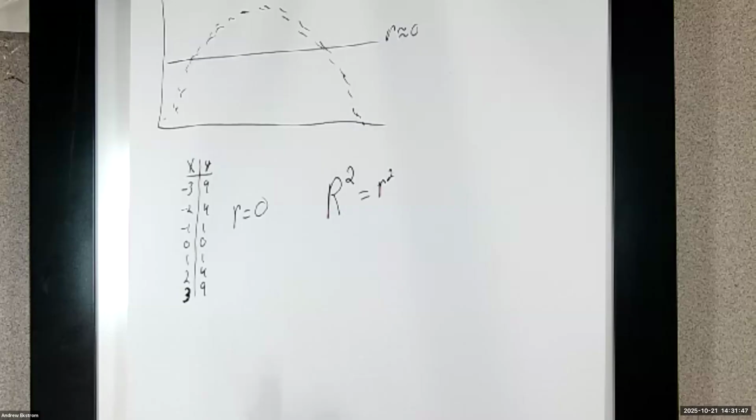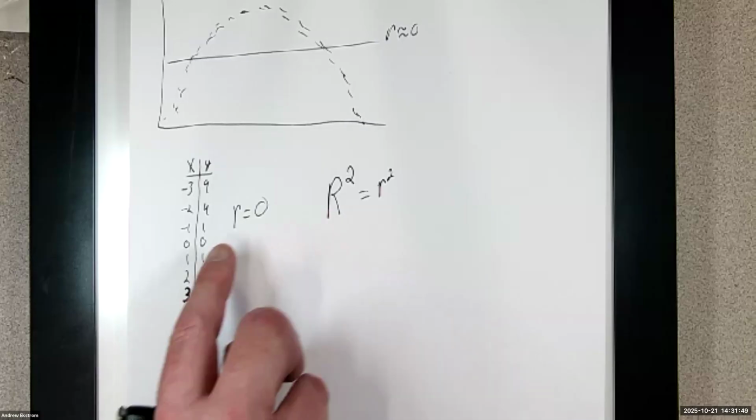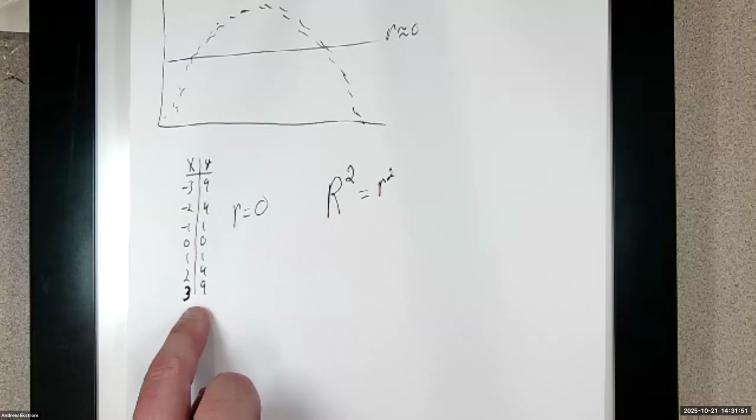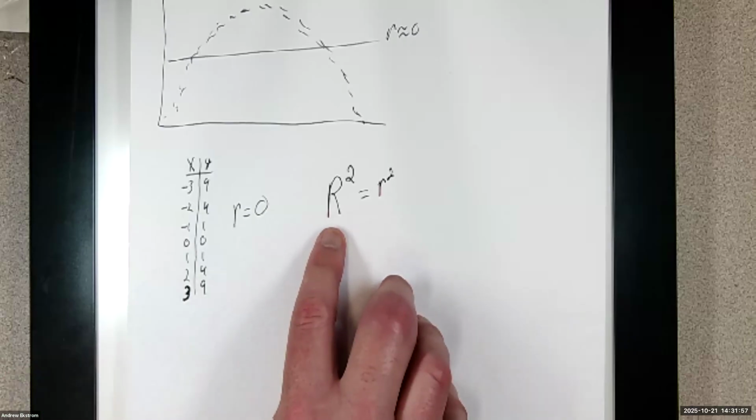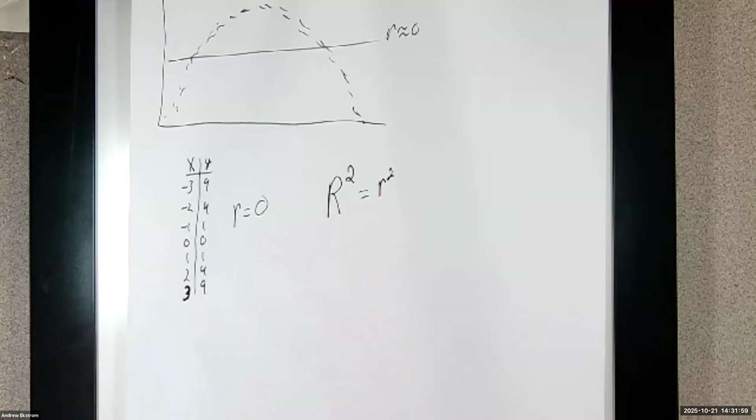And once we start using this r squared term instead of r, if we do a good enough job modeling our data, we're going to find really quickly that we like this r squared a whole lot better, because it doesn't assume that we're dealing with a linear model. It assumes we're dealing with some type of a model, one that we've actually tried to specify.